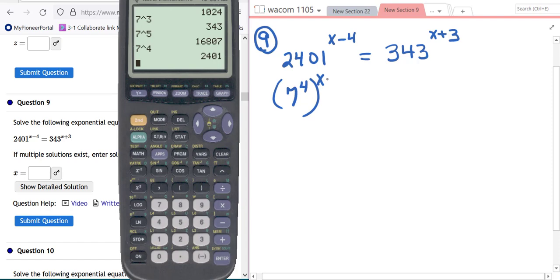And then that is x minus 4. And here I have 7 to the third. And that is x plus 3. And remember that these are going to multiply. You will need parentheses. The 4 will go times the whole thing. Same thing here. So we can go ahead and take them down in the same step, but they are going to multiply.